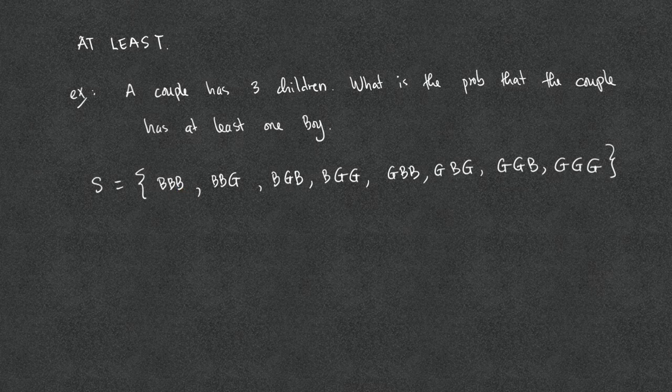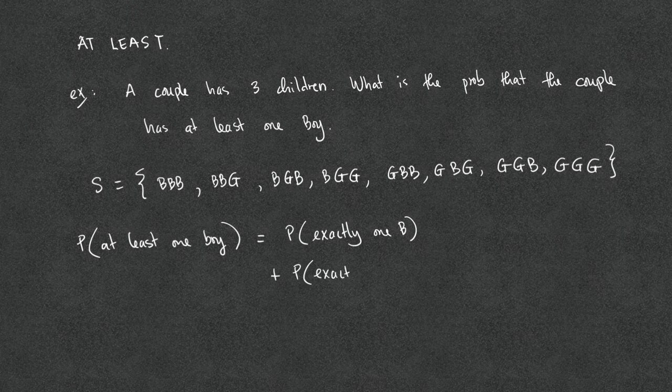Now, if we're looking for the probability of at least one boy, then this is a compounded event, because at least one means that they can have exactly one boy, or they can have exactly 2 boys, or they can have exactly 3 boys.